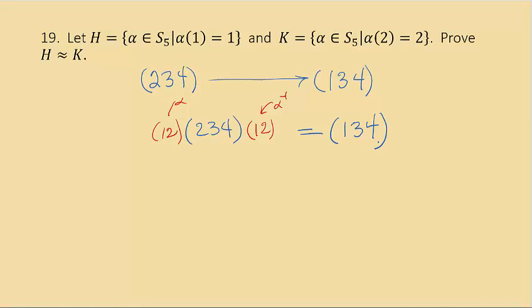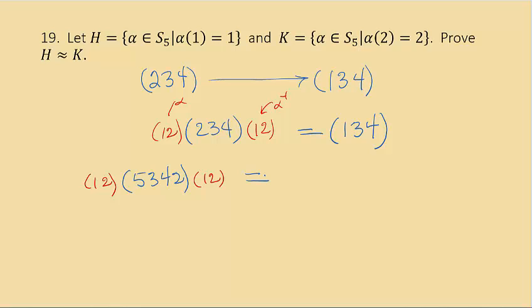Let's take another permutation and just try it again. One that fixes 1. Let's say (5 3 4 2) fixes 1. Again, let's conjugate using alpha, which is (1 2). This is just checking to see if this is a mapping we might like to use.